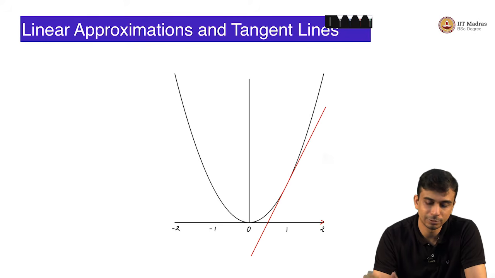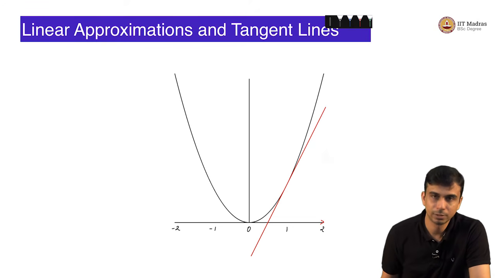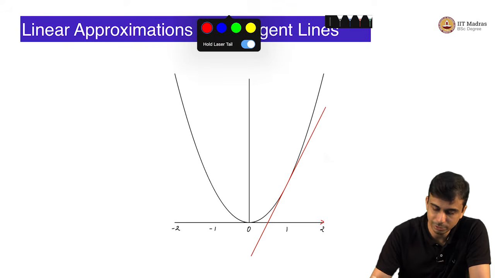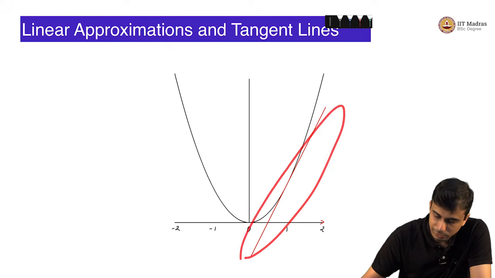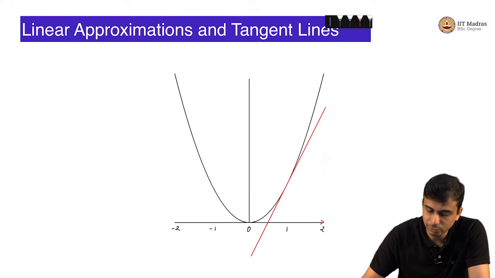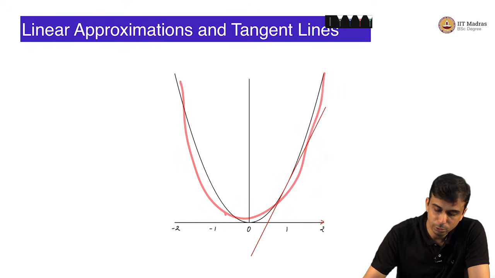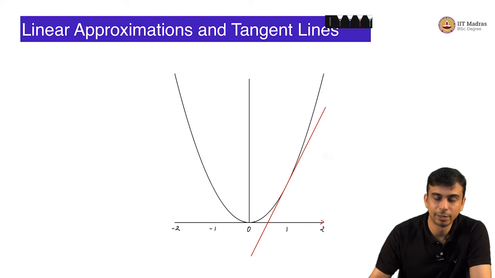So, a line is a tangent to a set if that line touches the set. I am not going to define touching in a formal sense because that is way too much work, but in this case you can see that the red line, which corresponds to the graph of the linear approximation of f around x star, is a tangent to the graph of f, right.